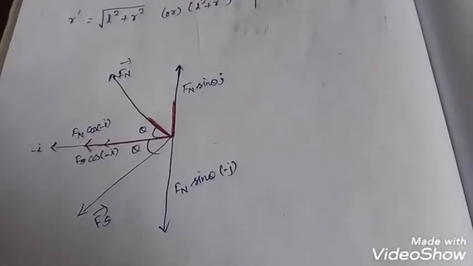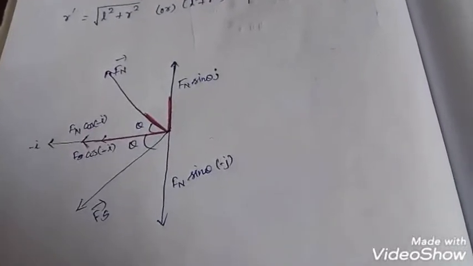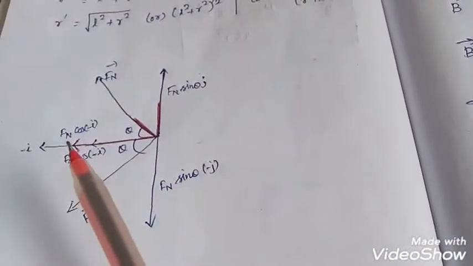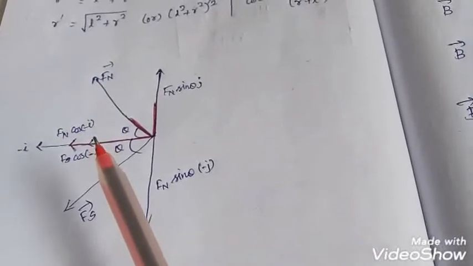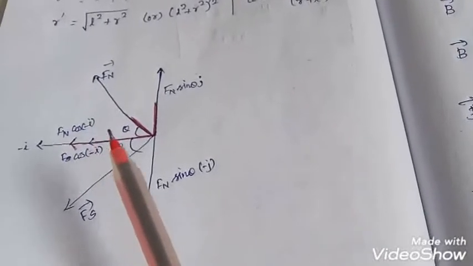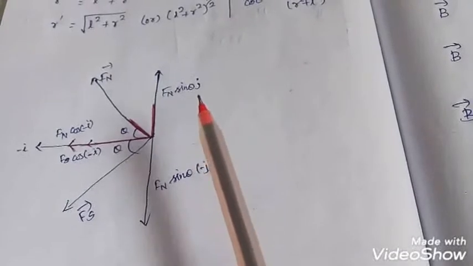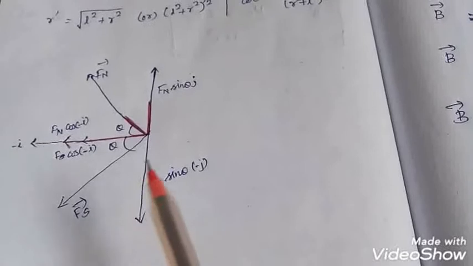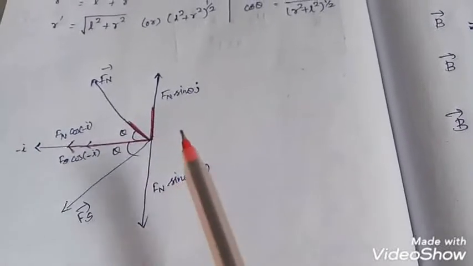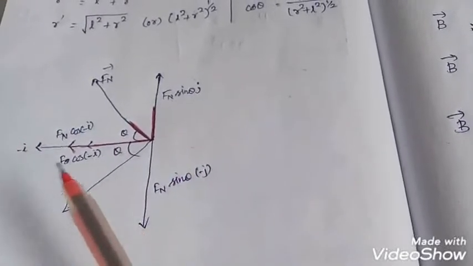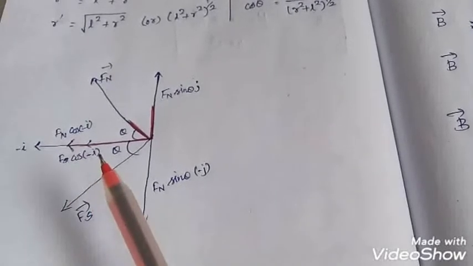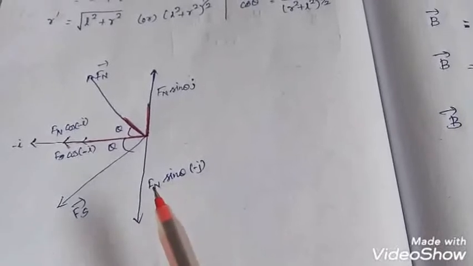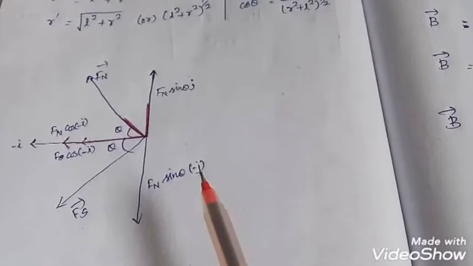Now we find the force of North Pole. This is the addition of two components, minus Fn cos theta i and Fn sin theta j, and then the force of South Pole is the addition of minus Fs cos theta i and also minus Fs sin theta j.